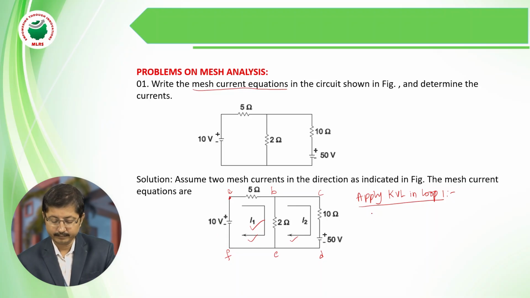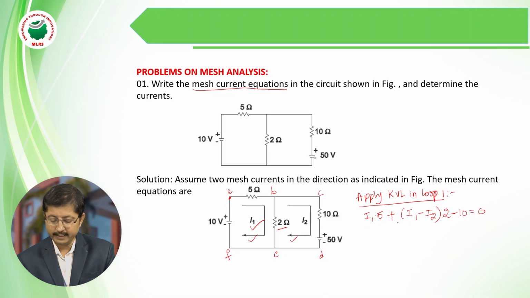That is I1 into 5 plus, since the 2 ohm branch is common for the first loop and second loop, while considering the first loop we take its current as higher compared to the second current. So I1 minus I2 into 2, minus 10 is equal to 0.